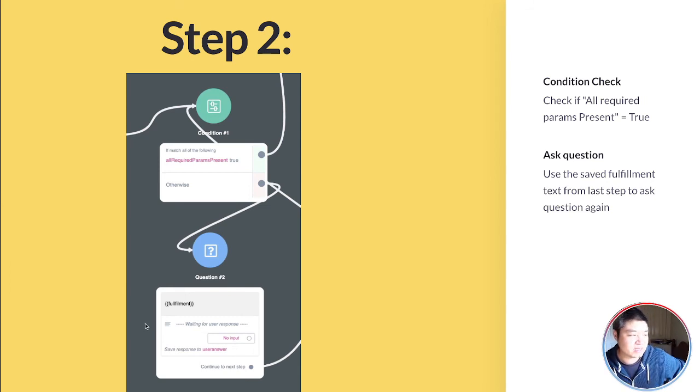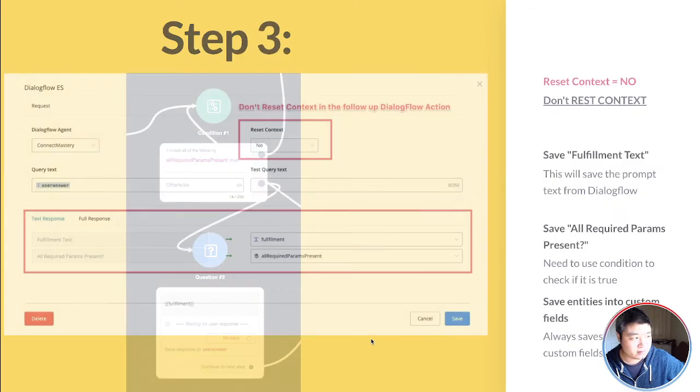You can just use that custom field to ask the user the question again, okay? And then you save the user response into a custom field, and then connect to another Dialogflow action. So that is step number 3.